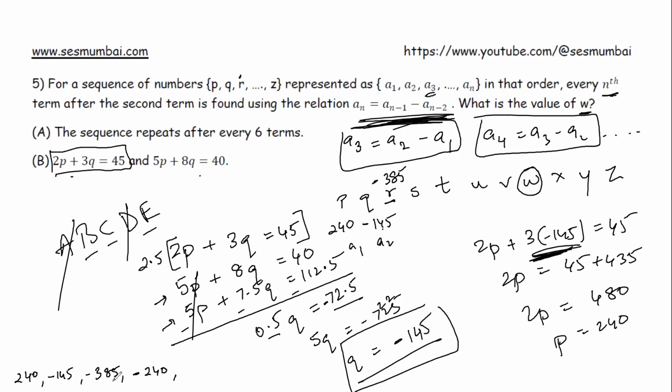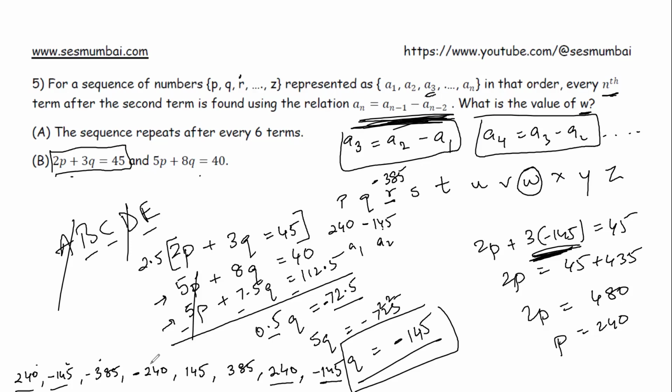And then negative 240 minus negative 385 is plus 145, positive. And then 145 minus this is positive 385. And then 385 minus 145 is 240. And then 240 minus 385 is going to give me my next term, which is minus 145. So yeah, the sequence repeats from here onwards.